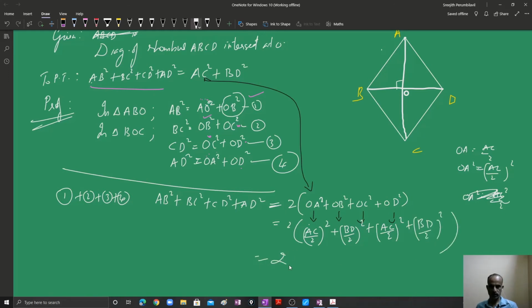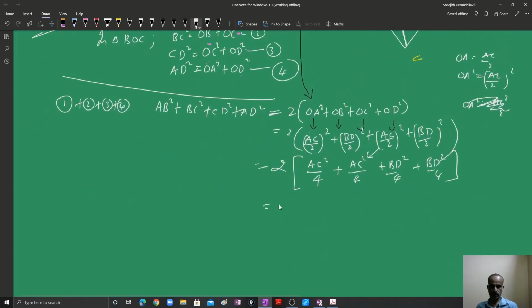This is equal to 2 times AC square by 4, plus BD square by 4, plus BD square by 4.